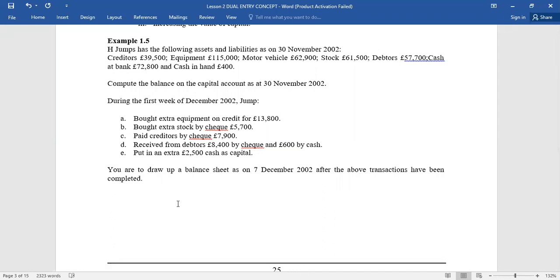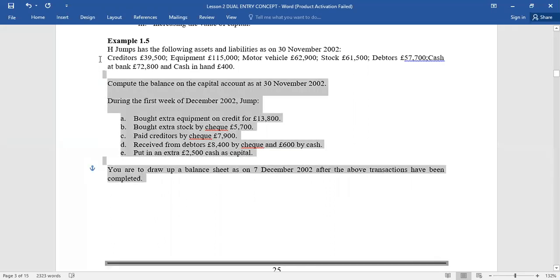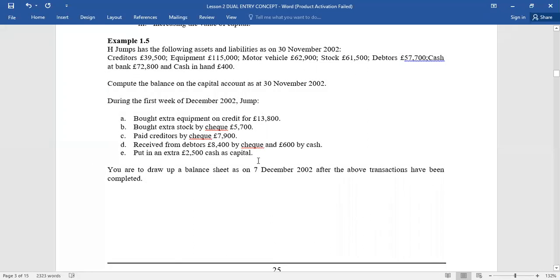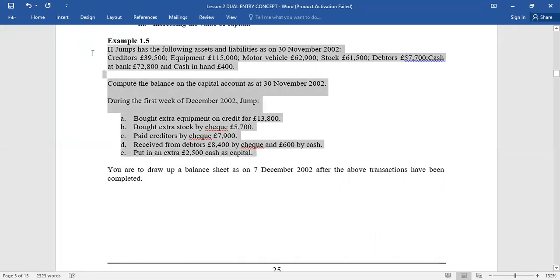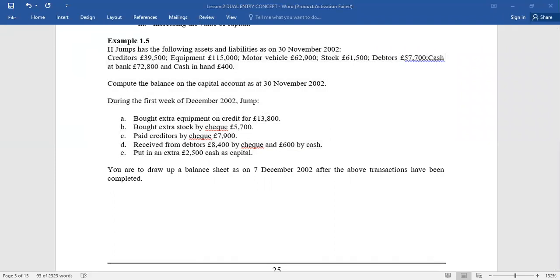Allow me to copy this question and open an Excel account. We work from the Excel. Somebody confirm to me what they are seeing on the screen.